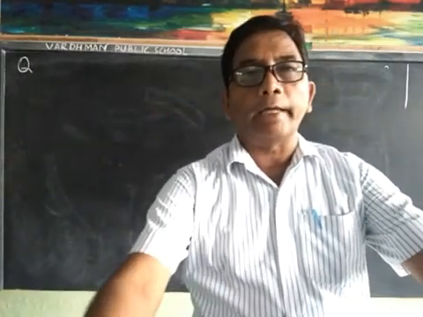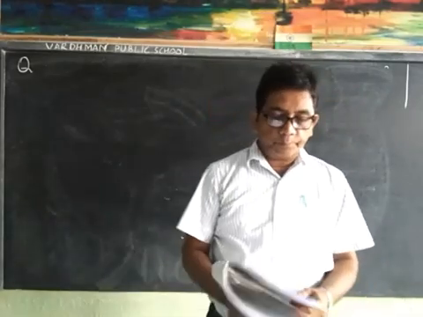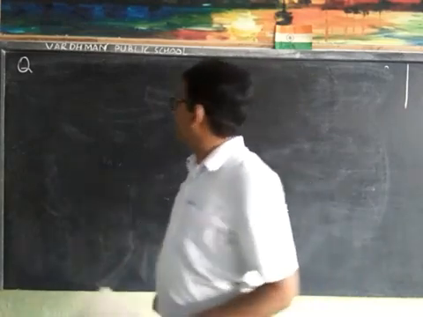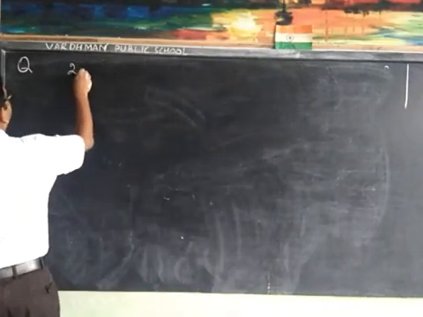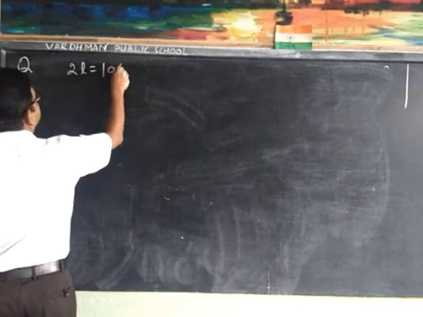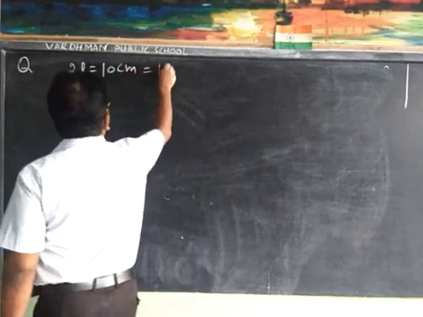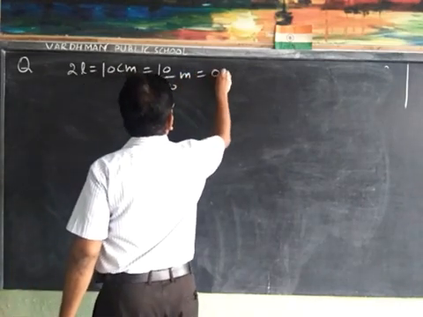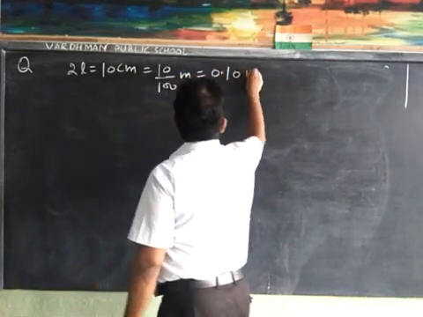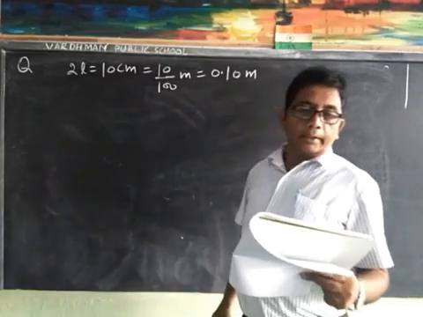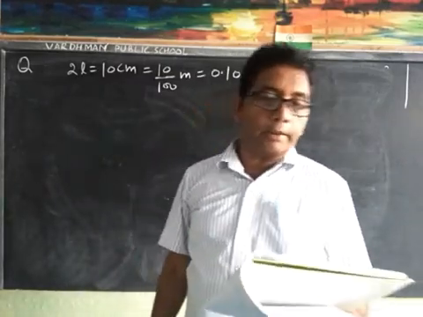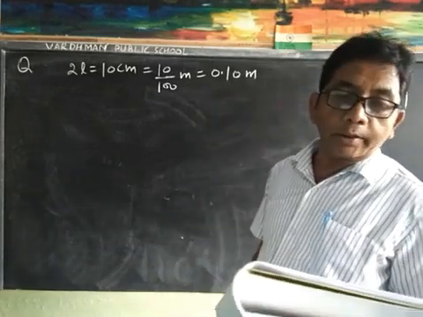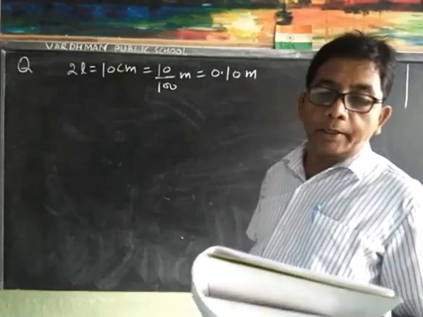A magnetic dipole of length 10 centimeter, that is 2L is equal to 10 centimeter, which is 10 upon 100 meter, equal to 0.10 meter, has pole strength 20 ampere meter.